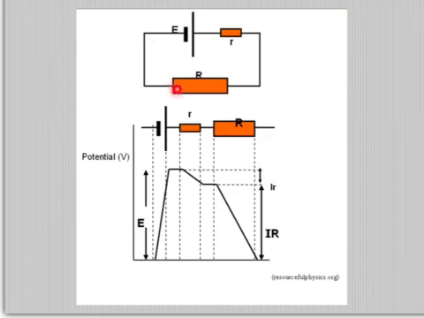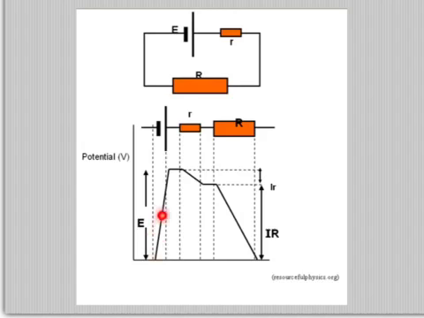Here is a circuit showing a cell that has internal resistance, in series with an external resistor. This graph shows the energy level at different points along the circuit. As the current flows through the cell, it picks up energy. Remember, voltage is energy per coulomb of charge.